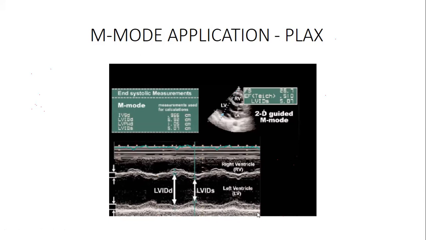We do this because ejection fraction is calculated by the difference between the left ventricle internal diameter in systole and the left ventricle internal diameter in diastole.